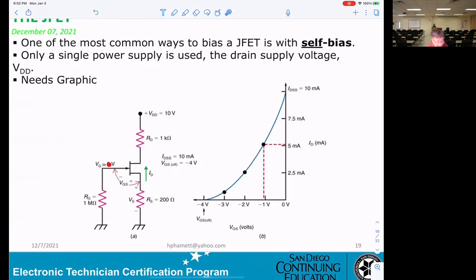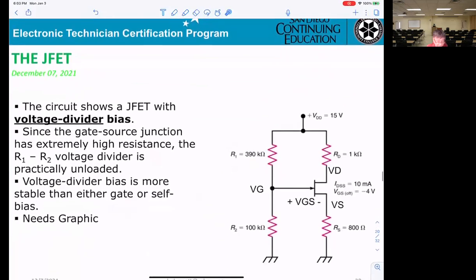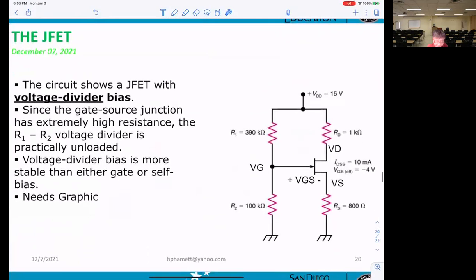For the self bias, if you want to do calculation of VGS, ID, or whatever, you need the graph here. That means they have to give you the graph. Okay. So from this graph, you're able to find out what ID equals and what VGS equals. Okay. Same thing.